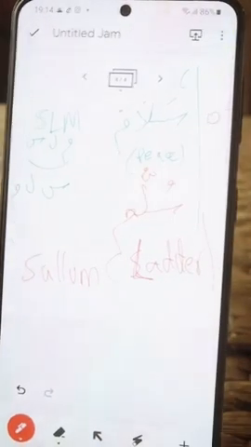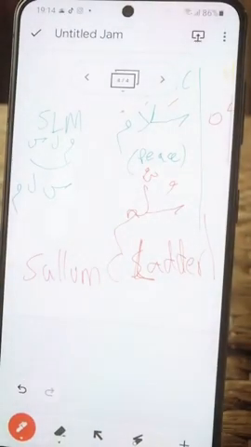So let's take sulum, but instead of the vowels we put sa, la, ma. Salama, it means to be safe. Salama is to be safe.